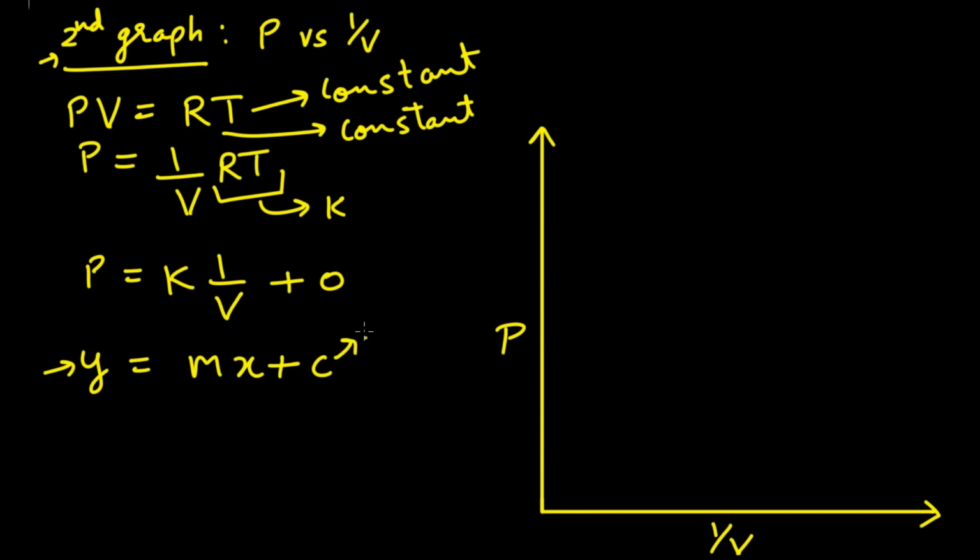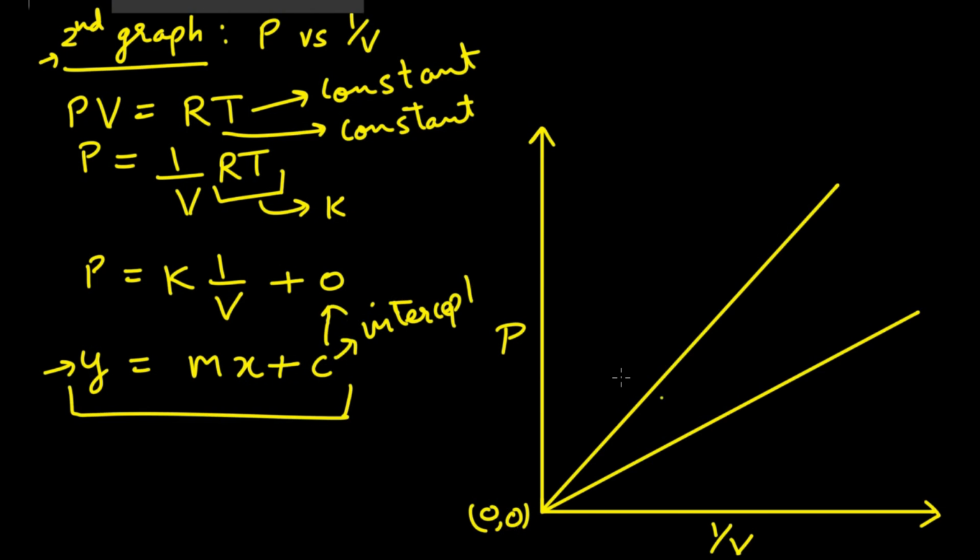C is known as the intercept. Intercept means from where the graph will start. So in this case, since C equals 0, the graph will start from the origin, that is 0, 0, and the graph will be a straight line because this is the equation of a straight line.